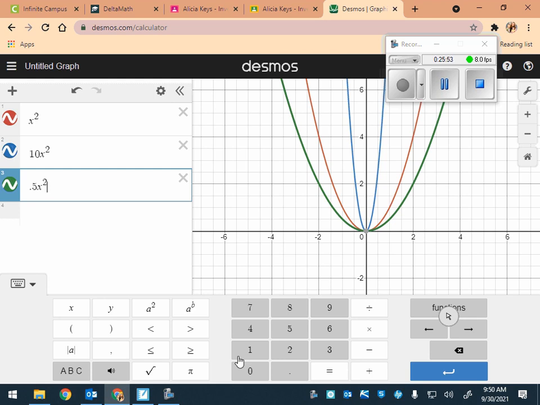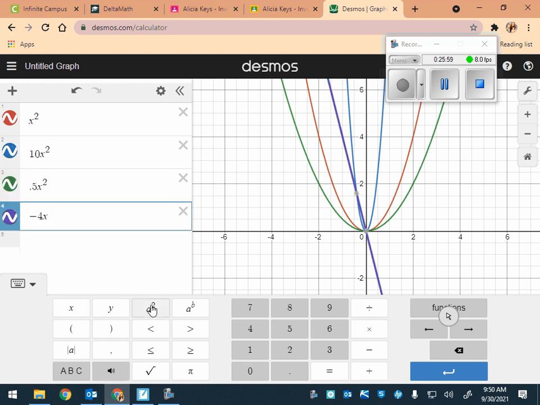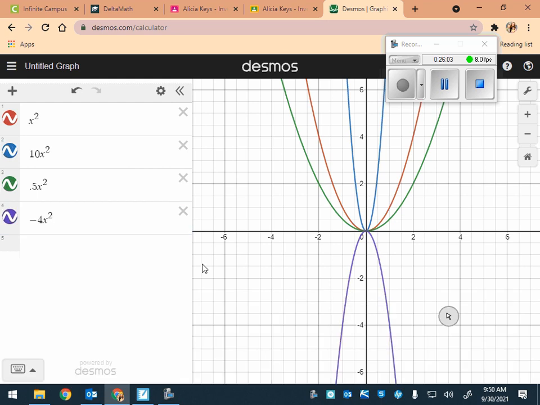-4. Okay, I'm glad you brought that up too. There's two things going on here. What's one thing you notice that is different from the rest? Yeah. It's upside down.